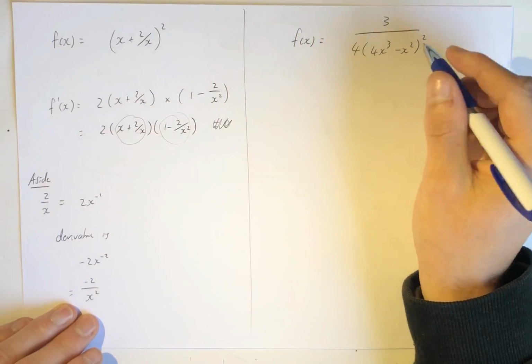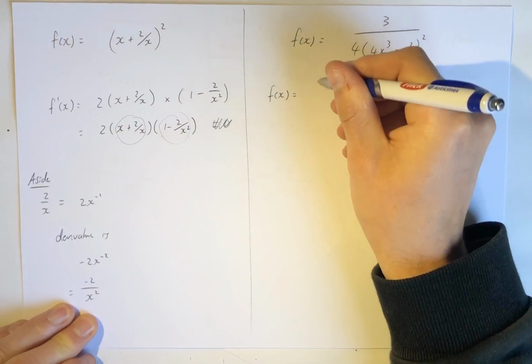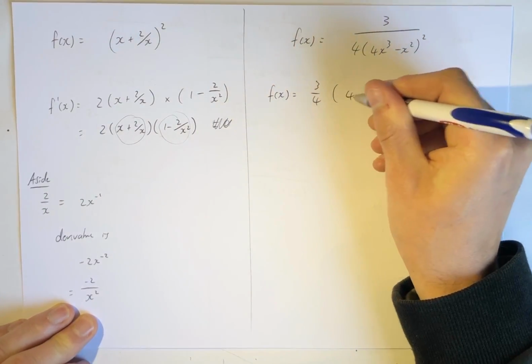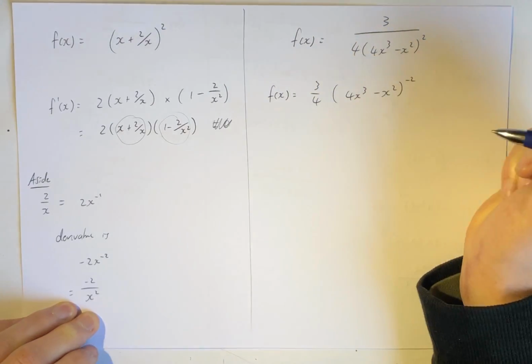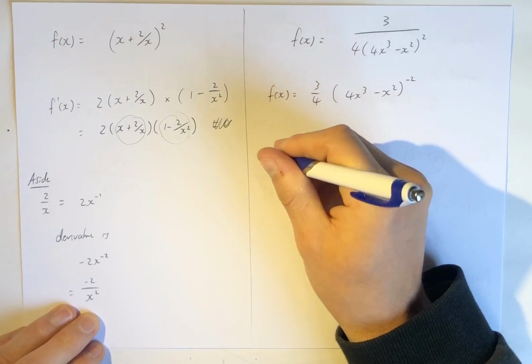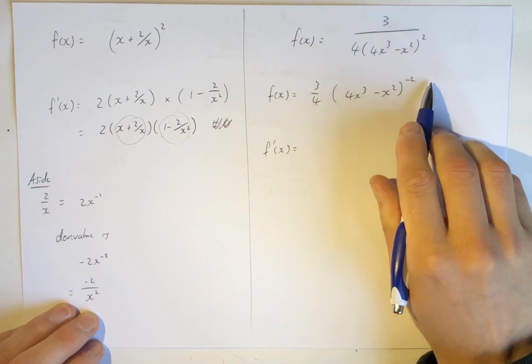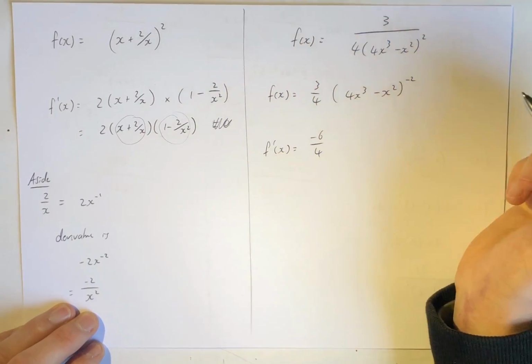So, last one, f of x. I'm going to write this as 3 over 4 times this thing to the negative 2: 4x cubed minus x squared to the negative 2. So f prime of x is going to be negative 6 over 4, so multiplying by that power.